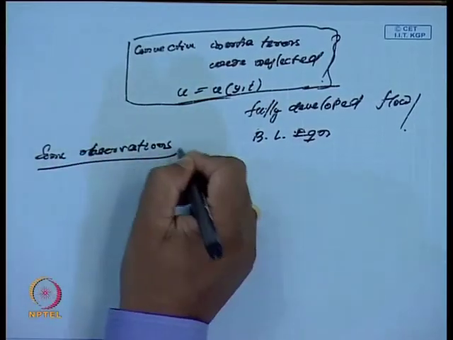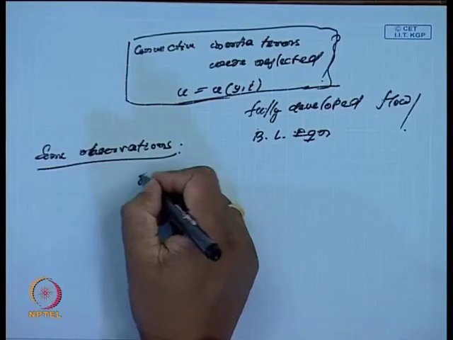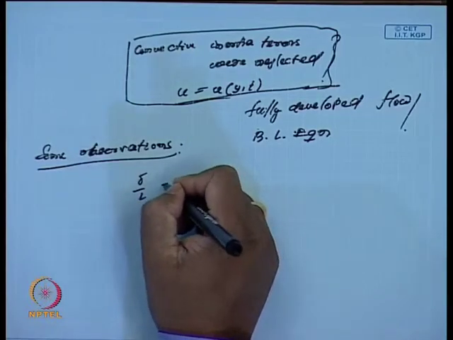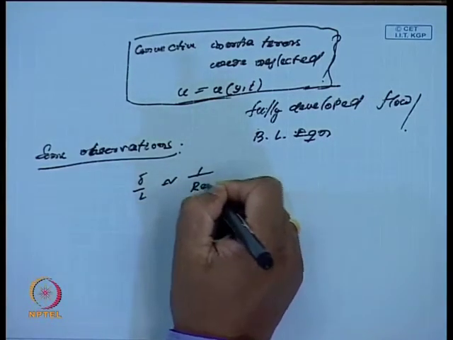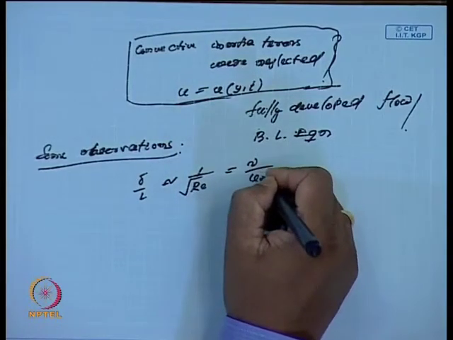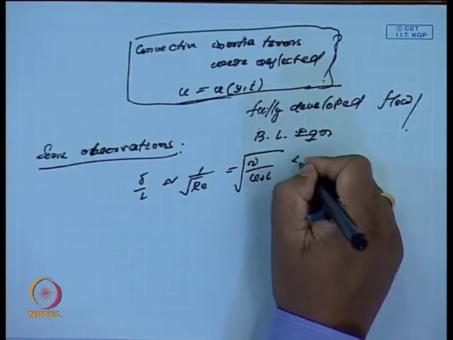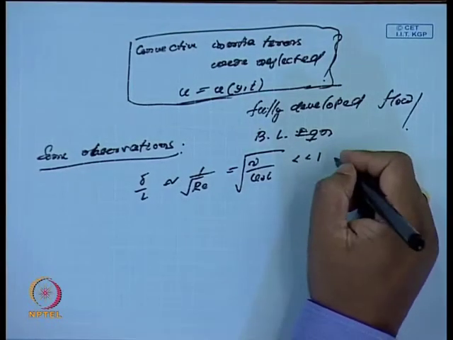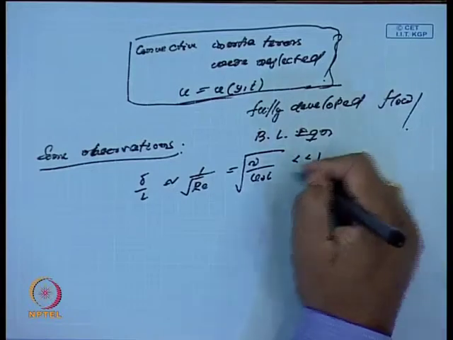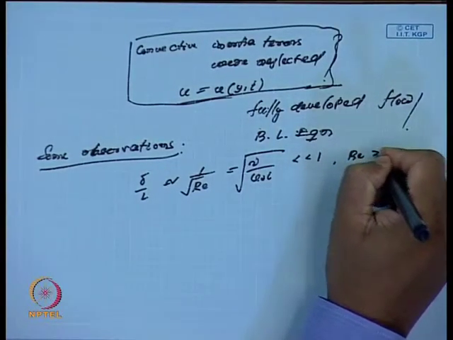Now, let us look at some of the observations, these observations are very important. We have seen that delta by L is of the order of 1 by root R e, that is nothing but nu by u naught L, and this is much less than 1, because R e is much greater than 1.